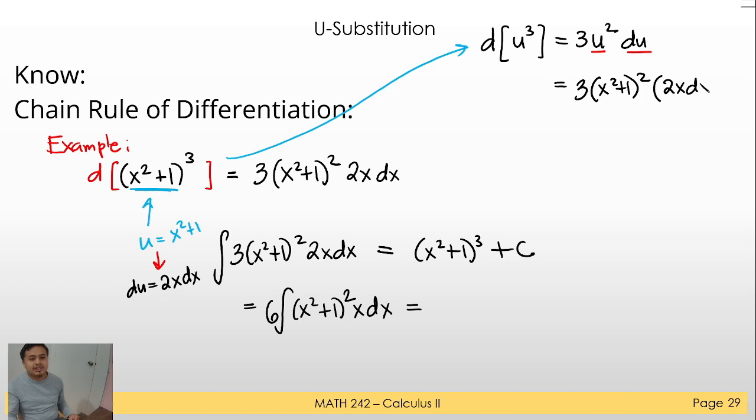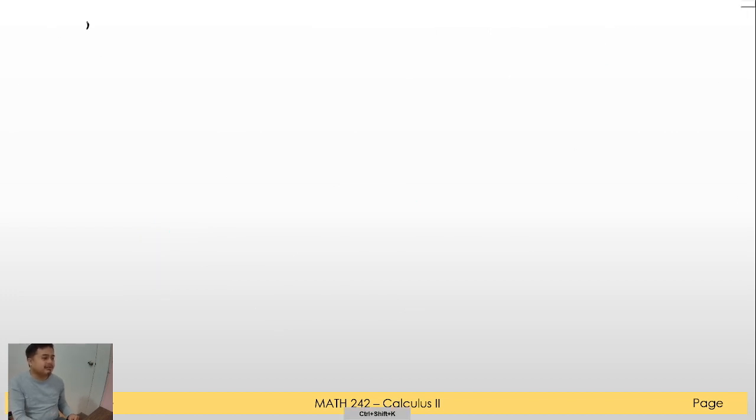So we have this, similar to what we did last time. Basically, if we have an integral that looks like this, let's create another slide to avoid confusion. Let's say we have again this integral of 6(x squared plus 1) squared x dx.